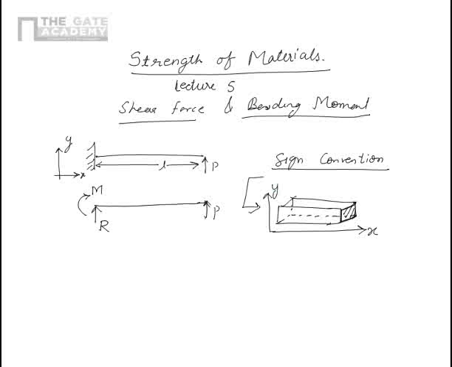The area of cross section, the outward normal to which points along the positive direction of x, is known as the positive cross section. And the area on which the outward normal, meaning the normal which is coming out of the material, points towards the minus x direction, is called the negative cross section.